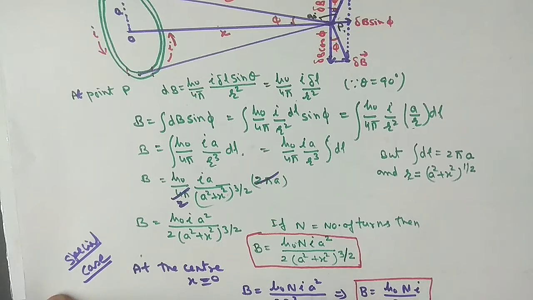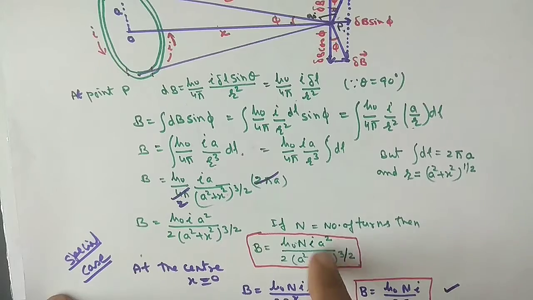Or a cube is here the a square, so what will remain here? Only the a. So you will write mu naught N I upon 2a. It is cancelled here, so you can write like this, it is the 2a only. So this is the desired expression at the center, and this is due to the whole circular loop.